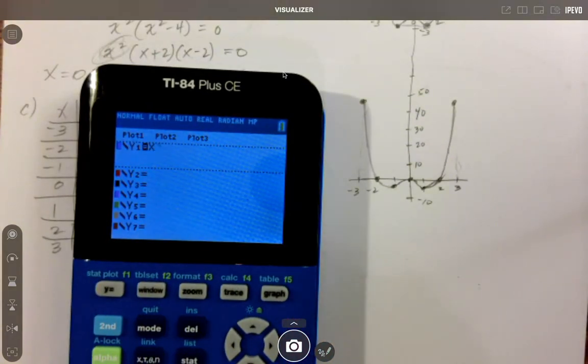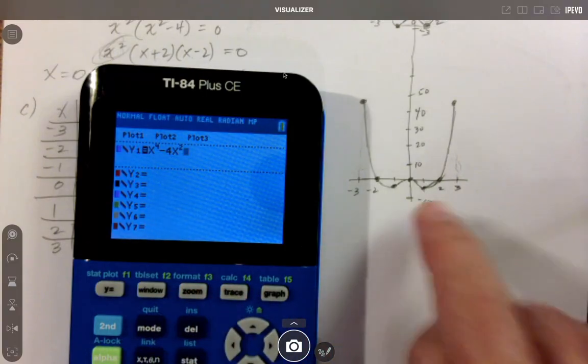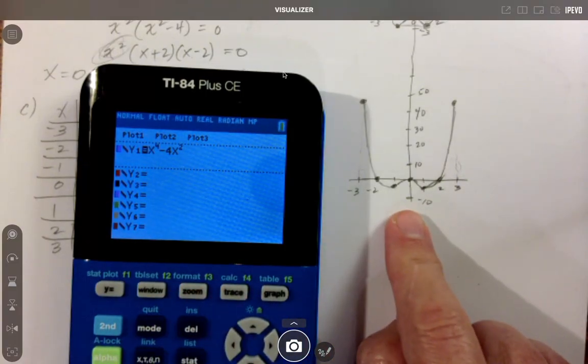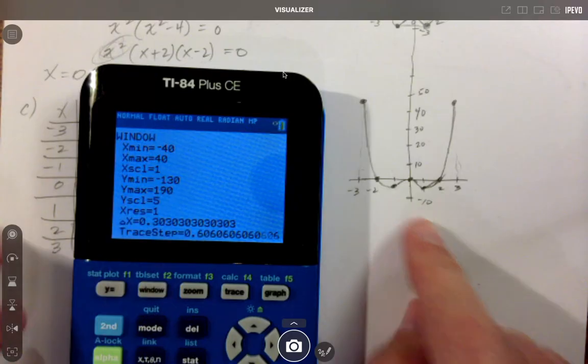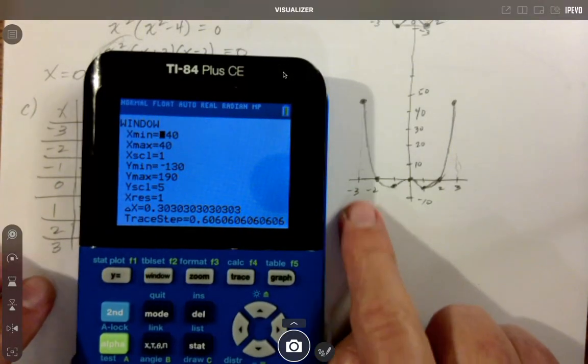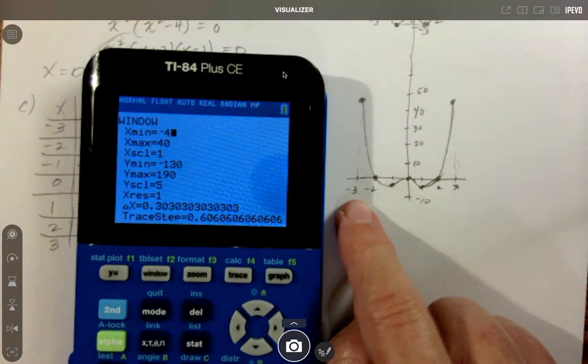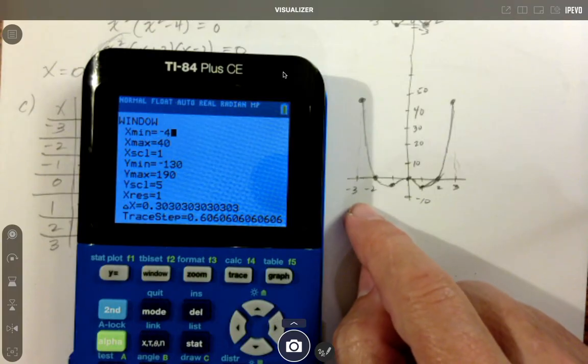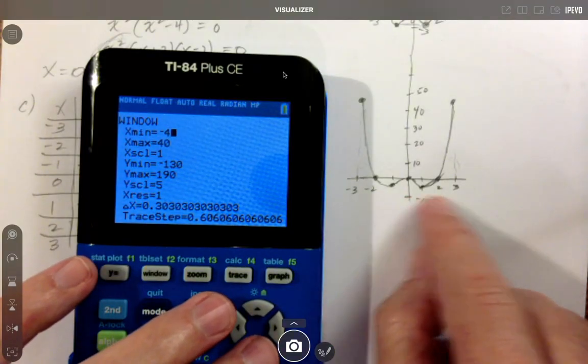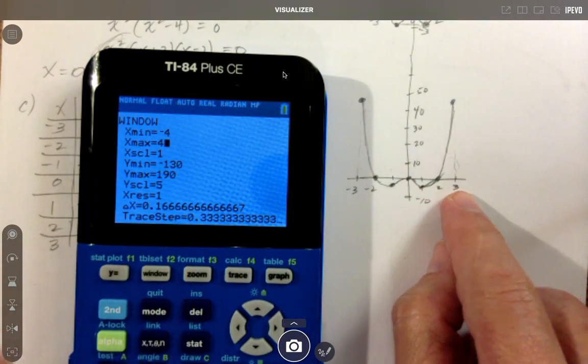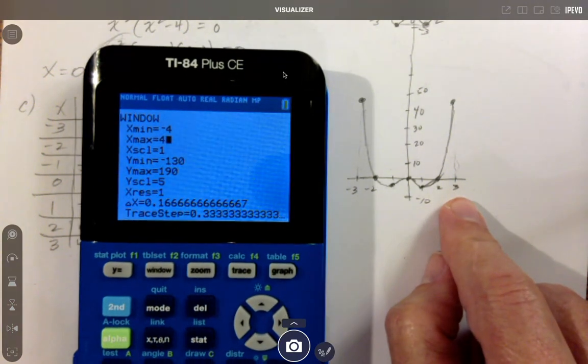So x raised to the 4th power minus 4x squared. And I'm going to make my window. So I'm going to go to my window setting here. I'll go over to -4 instead of -3, just so you can see a little bit past this, right? X max will go to +4 instead of 3.